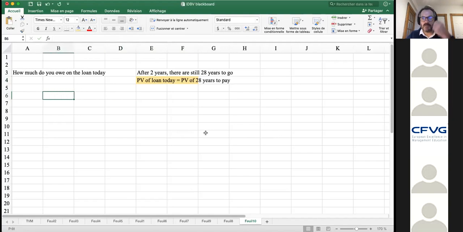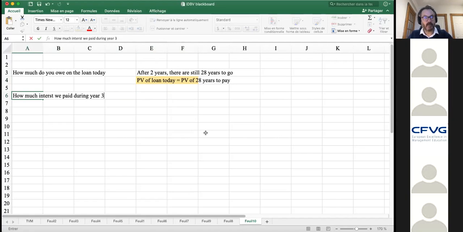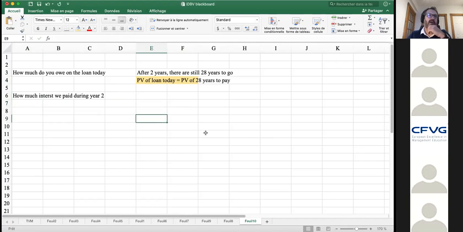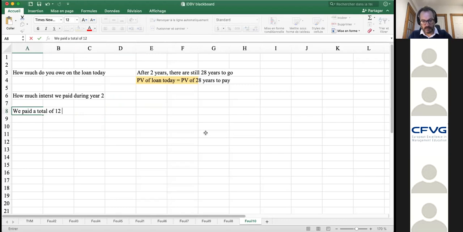And then the second question is more tricky. The second question says, how much interest did the firm pay on the loan this past year? So how much interest do we pay during year 2? Okay. To do this, we have to remember that we paid a total of 12 monthly annuities.